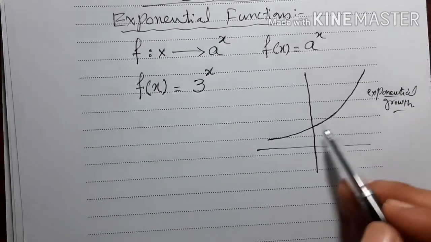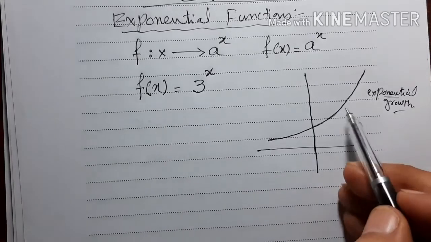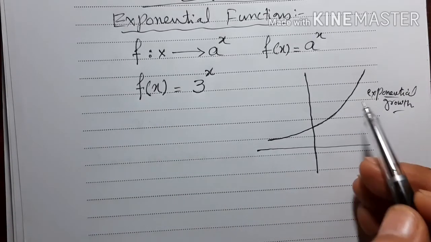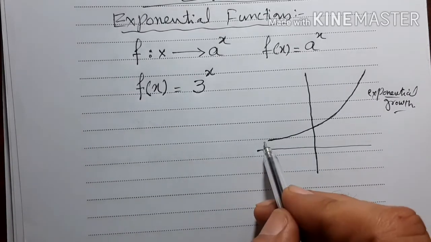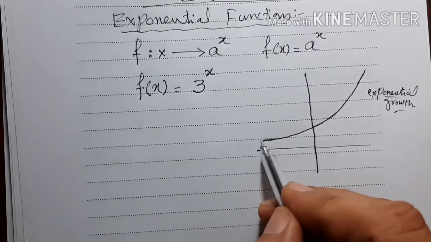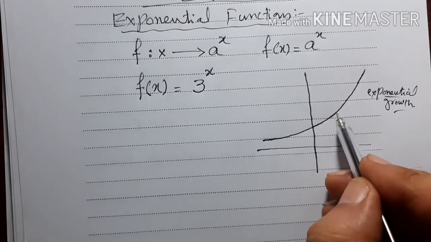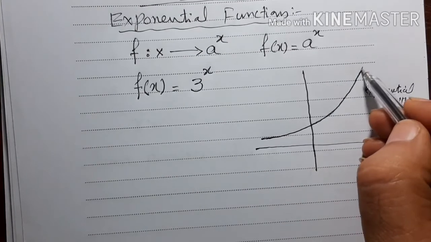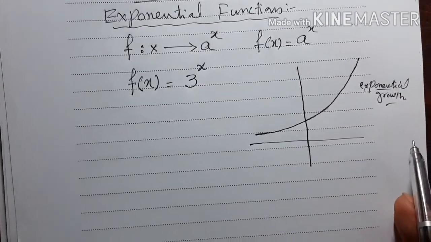There is a steep slope at the end of the growth. This starts from a very low level and then rises at a very high rate. This is called exponential growth.